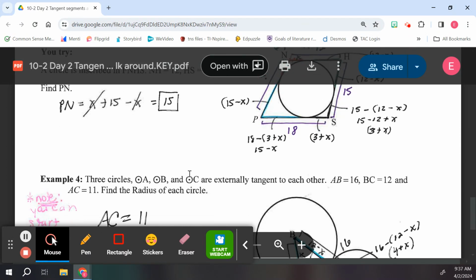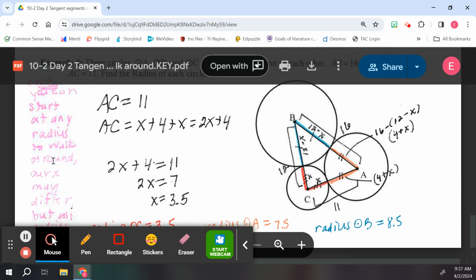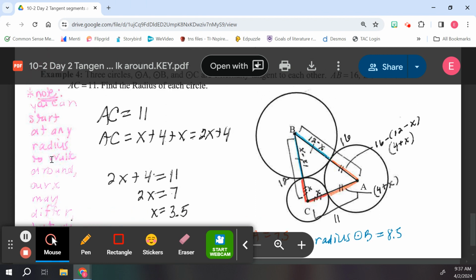Okay, let's take a look at example 4. So I want you to write this down. Note, you can start at any radius to walk around. Our x may differ, but all radii end up being the same. Okay, so that's just a note I want you to write down. You can start at any radius you wish. And then we'll go over this in just a minute.